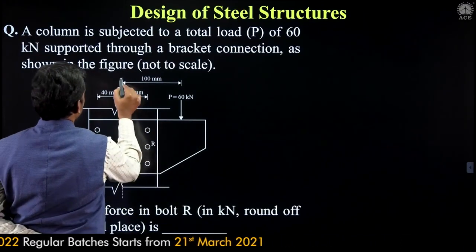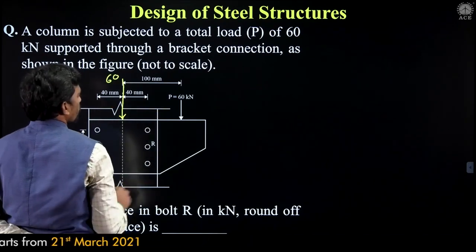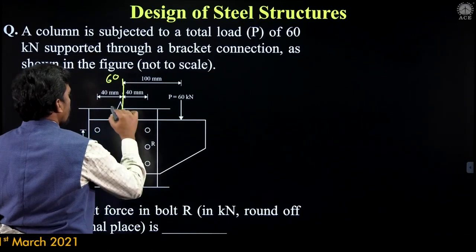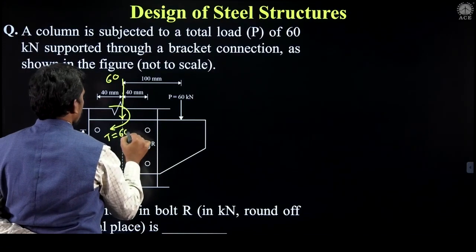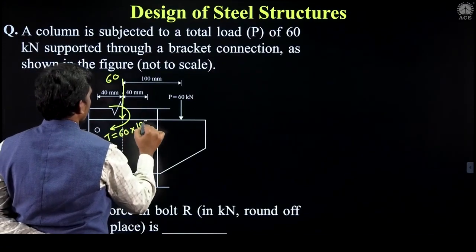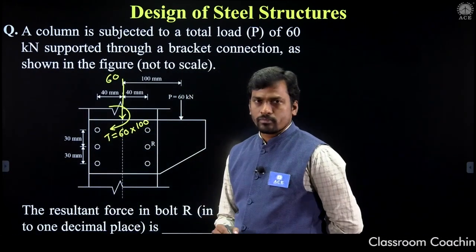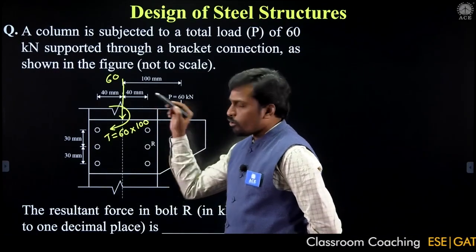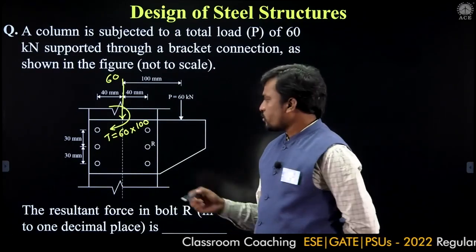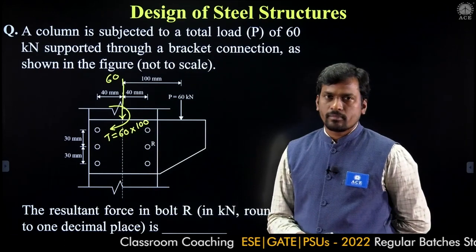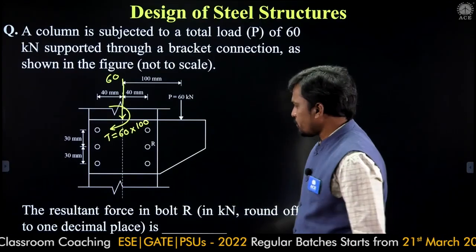This direct load P is 60 kilonewton, and due to bending of this bracket there is a twisting moment. So T equals 60 into 100. Then the bolt is subjected to shear force due to direct load P, and the second force is shear force due to twisting moment. Then I'll draw this diagram separately.